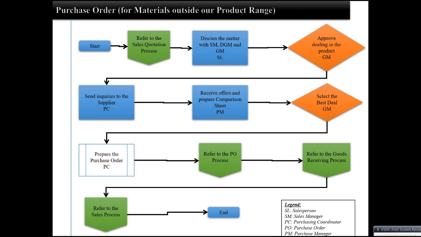Definitely it will be your factory manager. He will review this: okay, fine, this is good, this is not good. And then conduct the financial evaluation and approve the selection, that which supplier we want to purchase from.